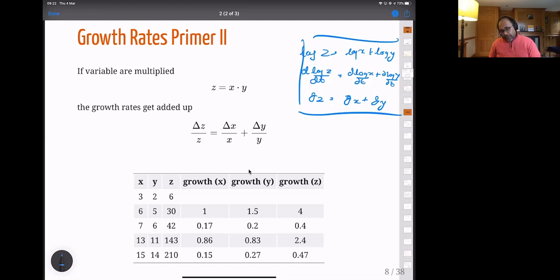Right, so one here is 3 by 3, and 1.5 here is 3 by 2, and I don't know why this is wrong. This should be 2.5. Okay, right.